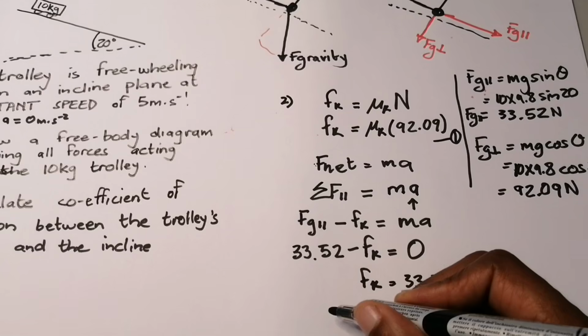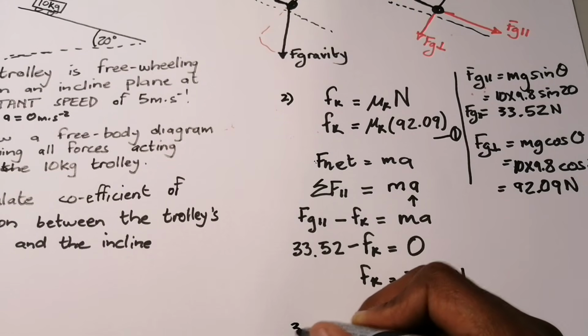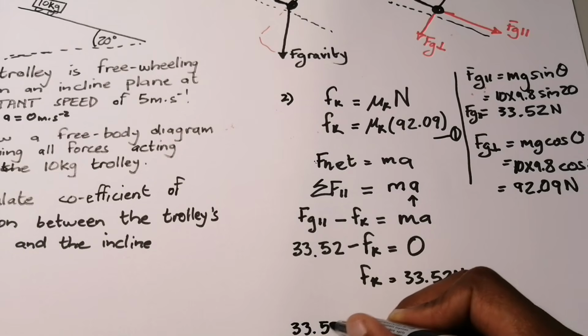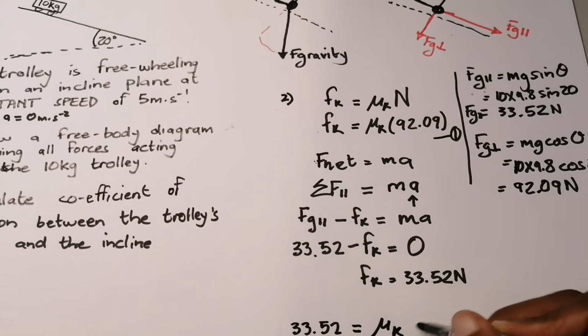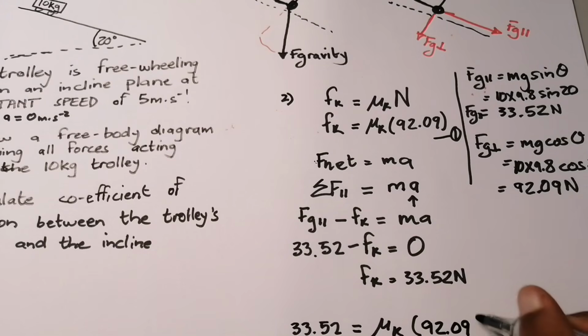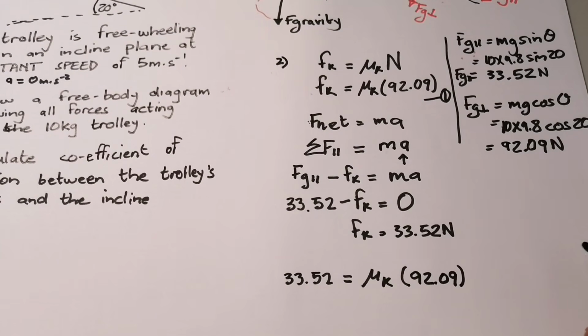So now we can simply go back and say, well, our frictional force is 33.52, which is equal to the coefficient multiplied by 92.09, okay? And then taking our calculator there, okay, sorry about that.